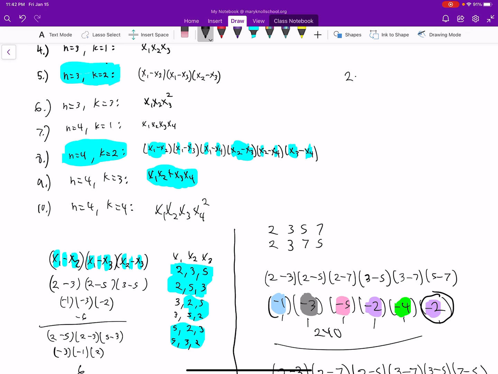So 2 times 3 plus 5 times 7, and you'll see that gives you the same thing as 2 times 3 plus 7 times 5. Okay, and then we could also do, well, this is going to take a while, but if you just keep testing them out more and more, you'll see that you can get 3 variants.